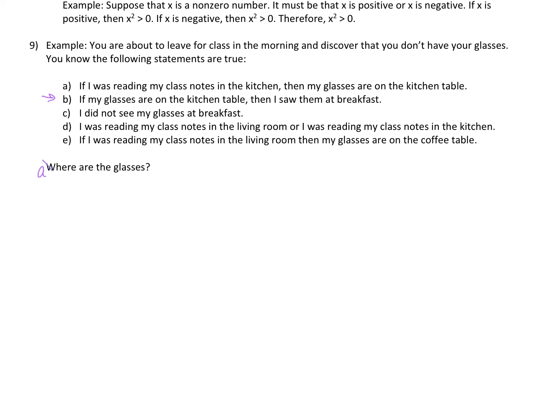A says that if I was reading my class notes in the kitchen, let's say reading in the kitchen will be RK, then my glasses are on the kitchen table, glasses in the kitchen. And B says that if my glasses are on the kitchen table, then I saw them at breakfast, saw at breakfast. And C says I did not see my glasses at breakfast, so not SB.